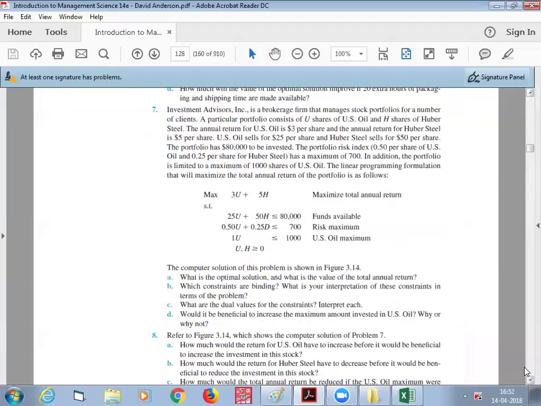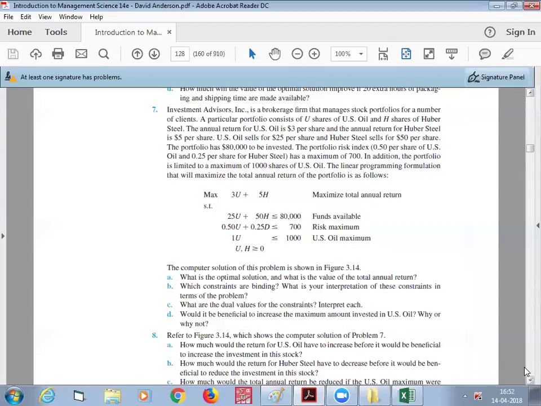Investment Advisors is a brokerage firm that manages stock portfolios for a number of clients. A particular portfolio consists of U shares of US Oil and H shares of Huber Steel. There are two companies. Annual return for US Oil is $3 per share, for Huber Steel $5 per share.